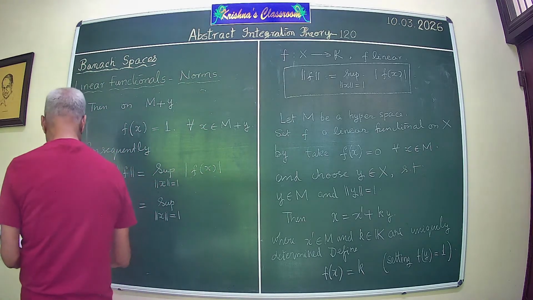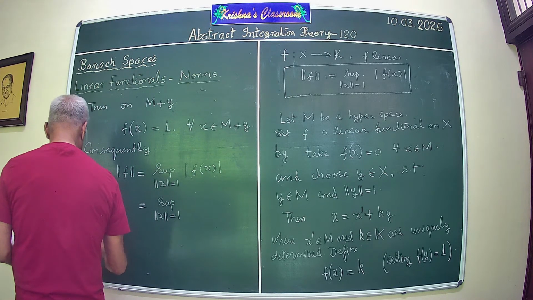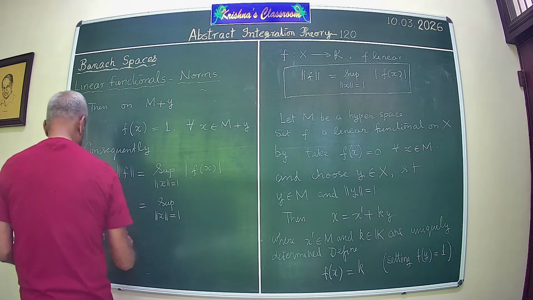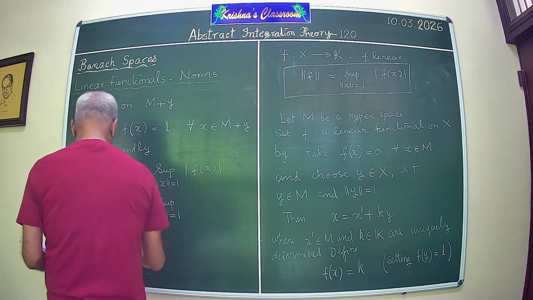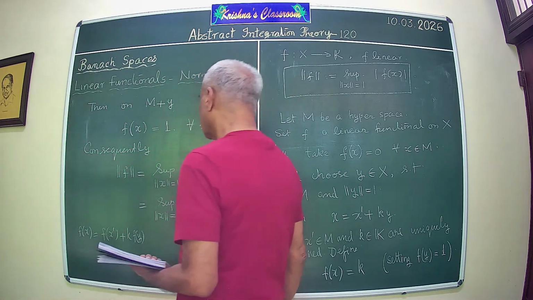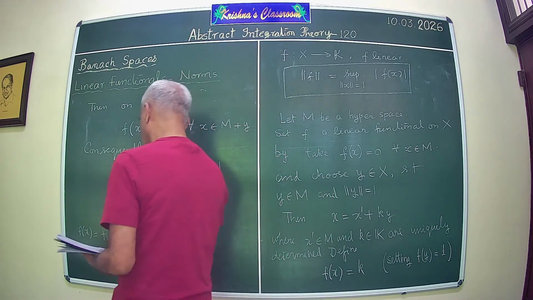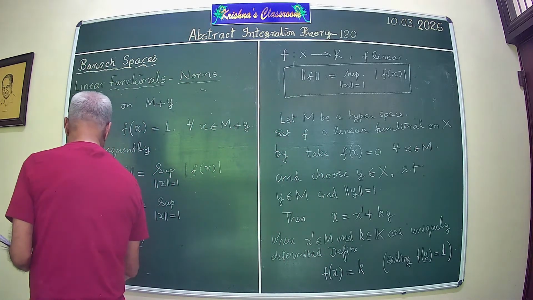See, f of x equals k, and f of y we are setting as 1, therefore that's why you get f of x equal to k.